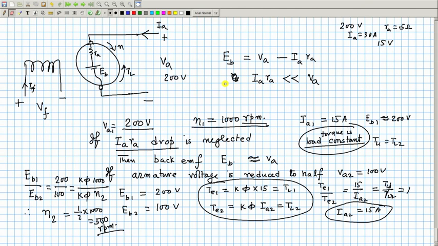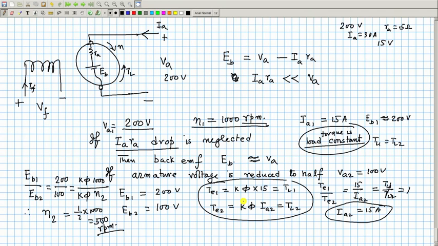So, there will be two cases, the initial operating point, at some speed it is running, some armature current it is drawing, and some back EMF. We take the ratios. Similarly, another equation, the torque equation, you write for steady operation of the machine in the two cases.